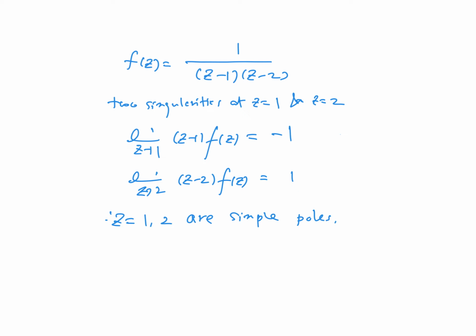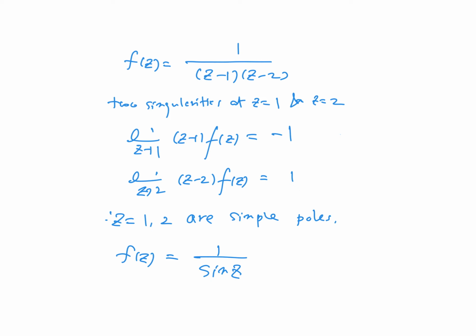A bit more difficult case is 1 over sin z. You can at least know where the singularity is. That's where the denominator is 0, right?